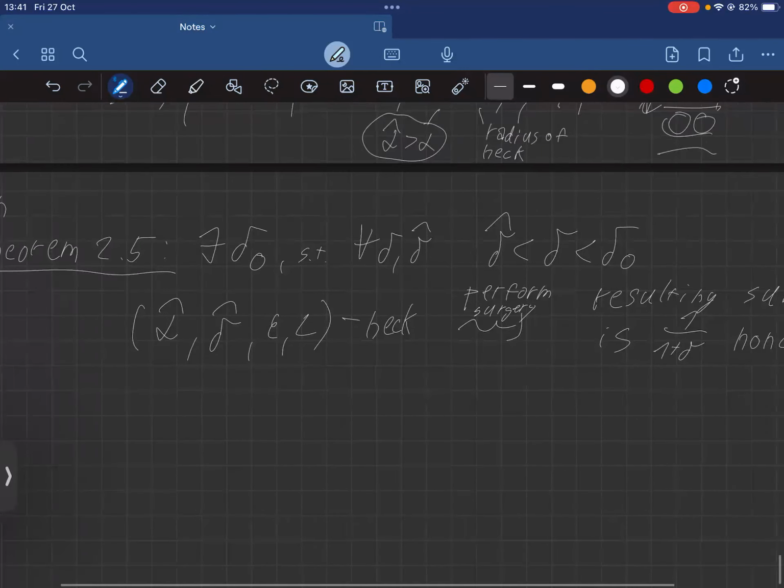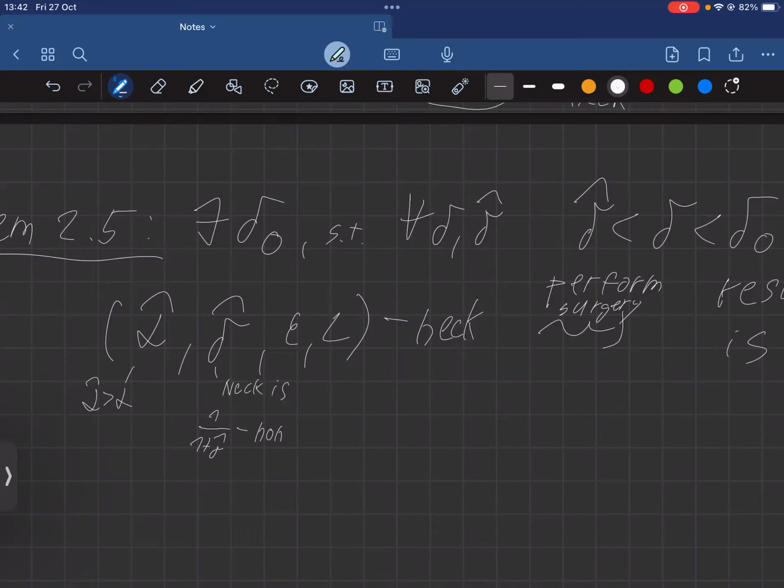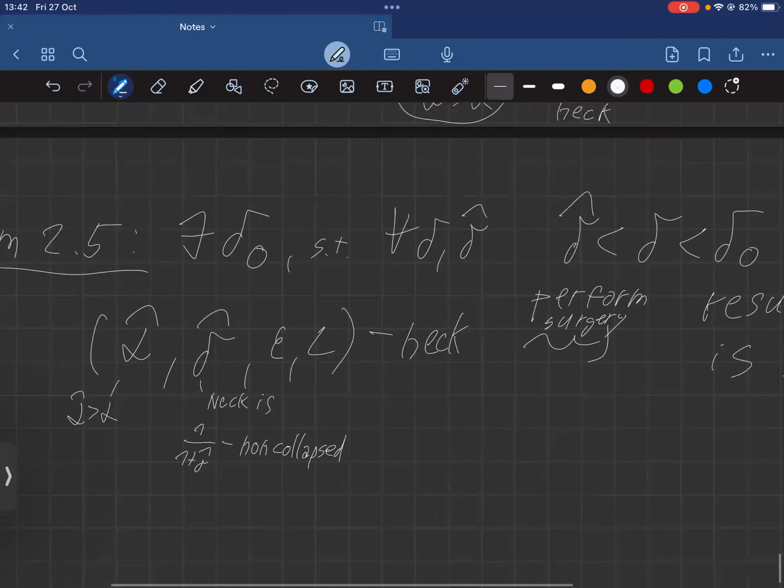Just so I already mentioned that this alpha hat is any constant bigger than alpha. Delta hat is actually the constant of the non-collapsedness of the neck. So the neck is 1 over 1 plus delta hat non-collapsed. And epsilon is just that it's sufficiently smooth, and L is the length of the neck. That's not really important.